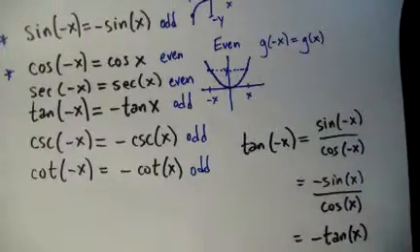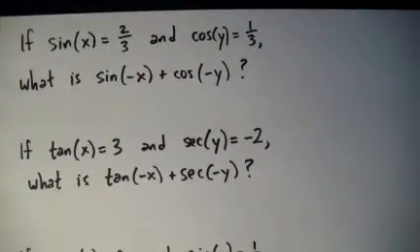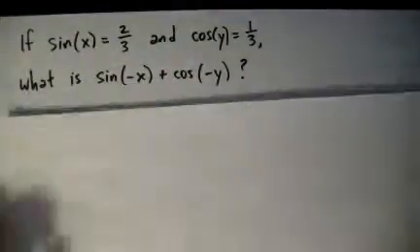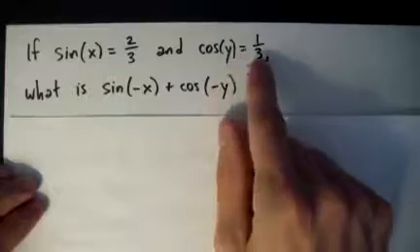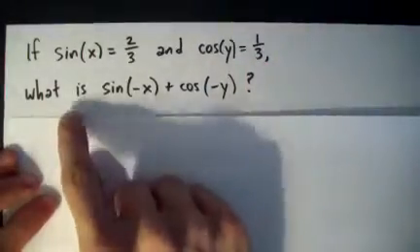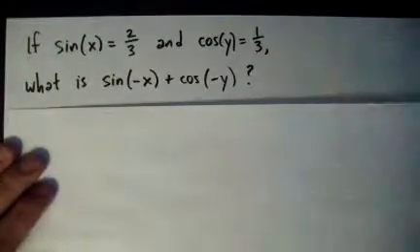Anyway, let's look at some examples of what we can do with odd and even properties. So suppose we're told that sine of x is 2/3 and cosine of y is 1/3. We were asked, what is sine of minus x plus cosine of minus y?